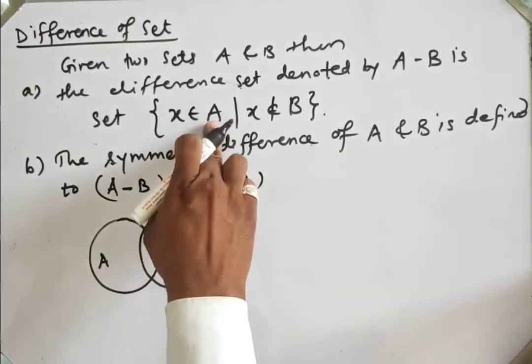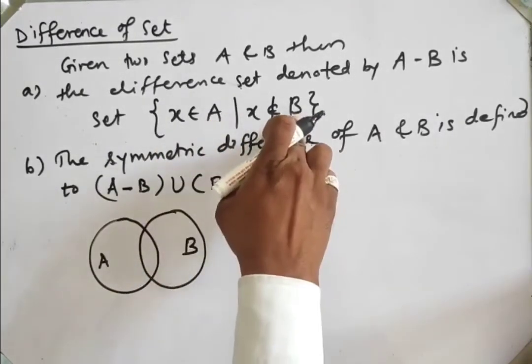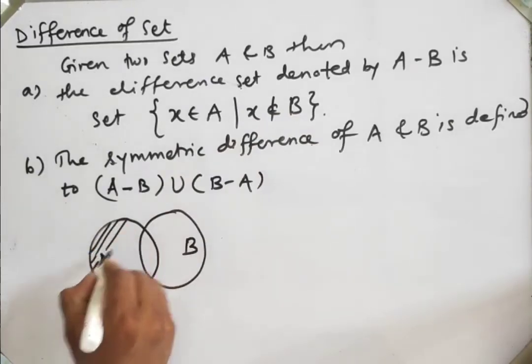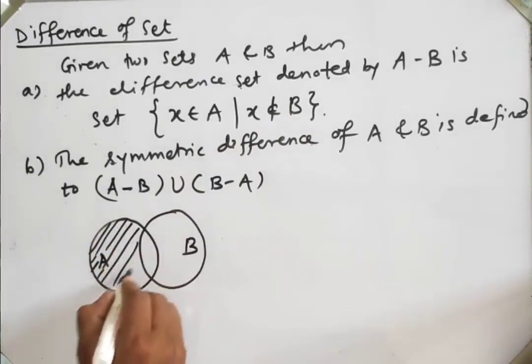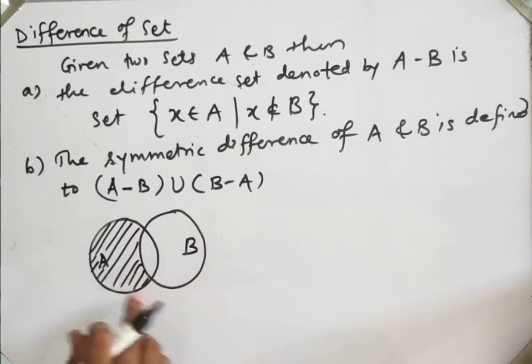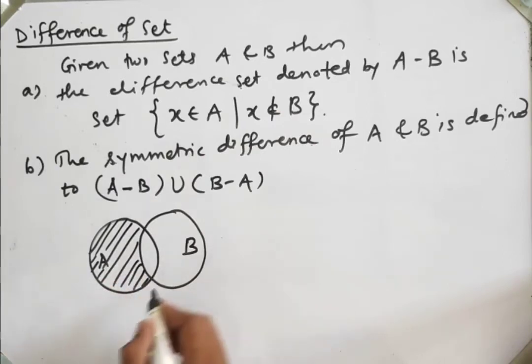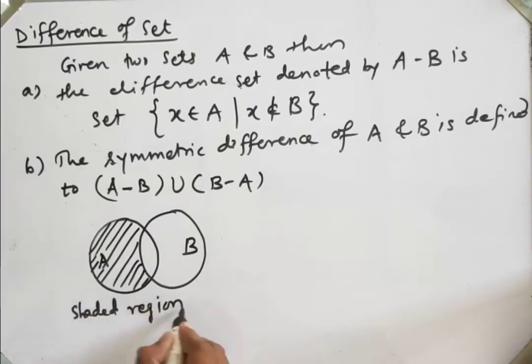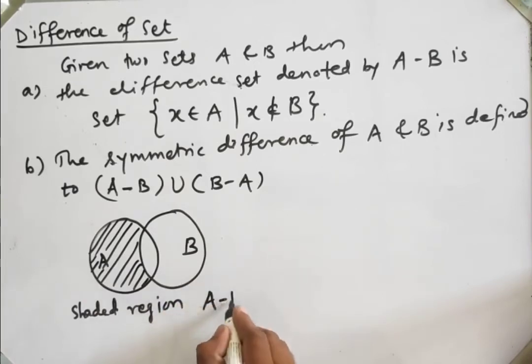All the elements from A which are not in B means only the shaded region like this is the difference set A minus B.